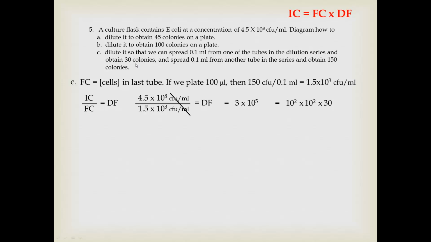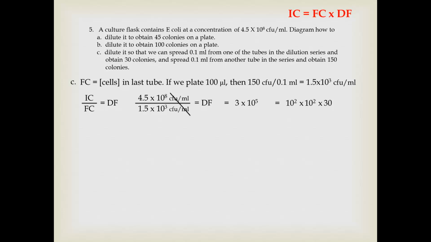But now we need a tube that'll give us 30 colonies. So we do the problem again, except now the tube that was our FC becomes the IC. We do another little dilution problem and create a new final concentration, based on the idea that we need something that'll give us 30 colonies.